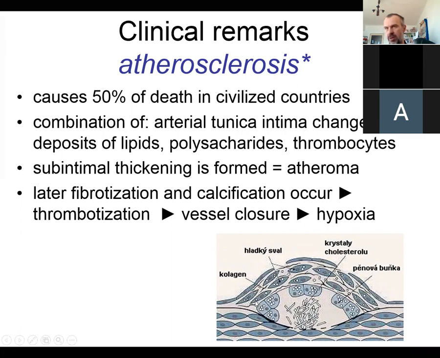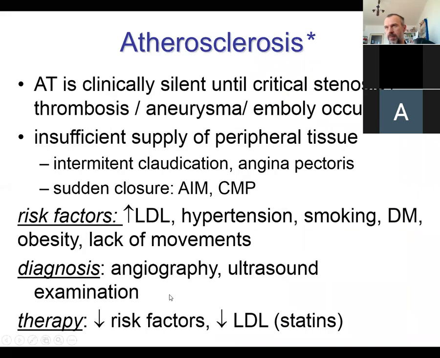Yeah, so fibrotization and calcification. Then it's so pouched, and it can cause thrombotization and then closure and hypoxia, ischemia, and necrosis. So it's really clinically silent until a stenosis, thrombosis, aneurysma, or emboli occurs.